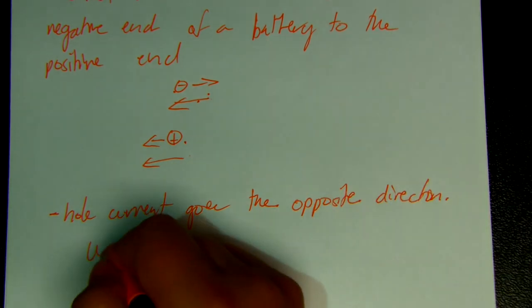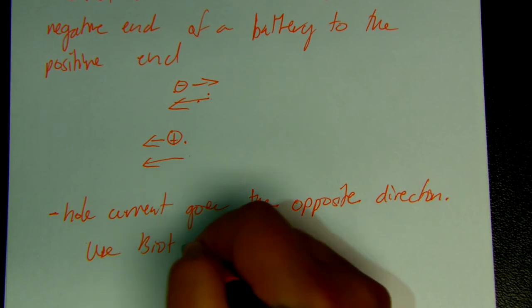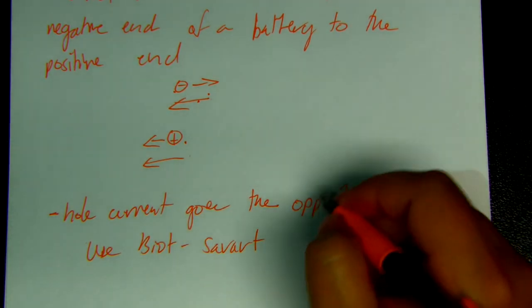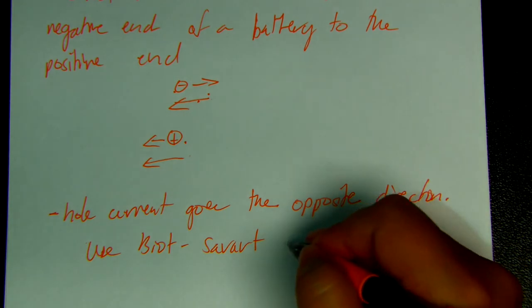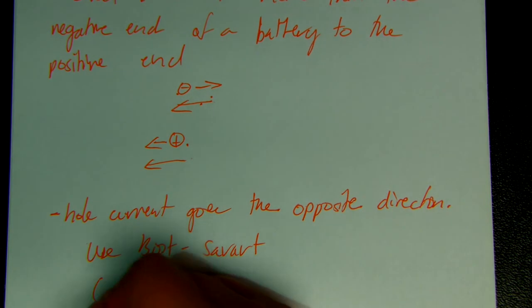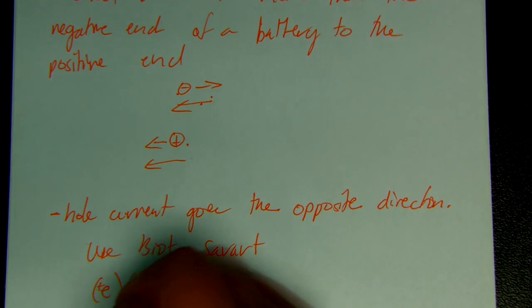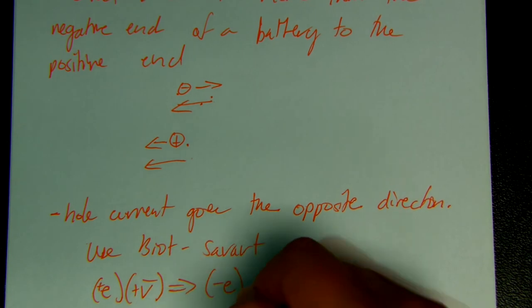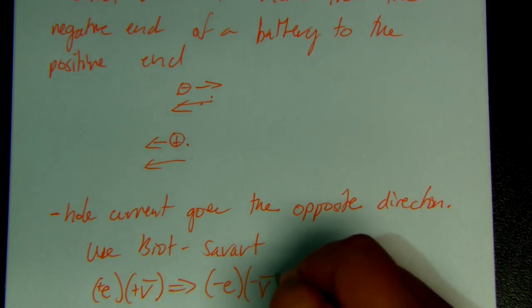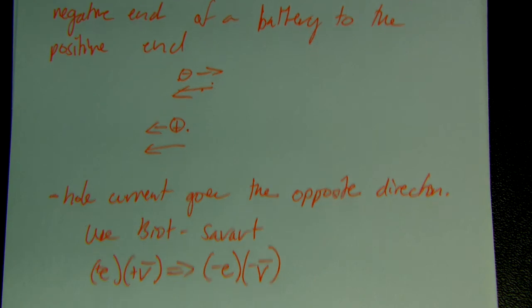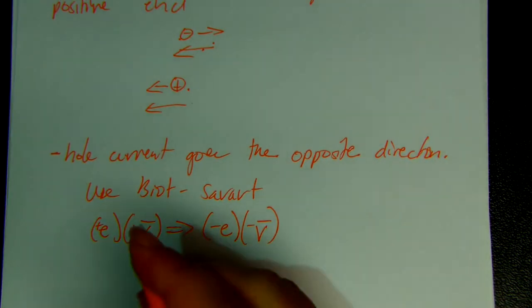And if we use Biot-Savart, we can see that it actually doesn't matter which charges we think are moving, because you would have plus E going plus V bar is basically the same as minus E going minus V bar. So the equations work out, even though Benjamin Franklin made the wrong assumption.